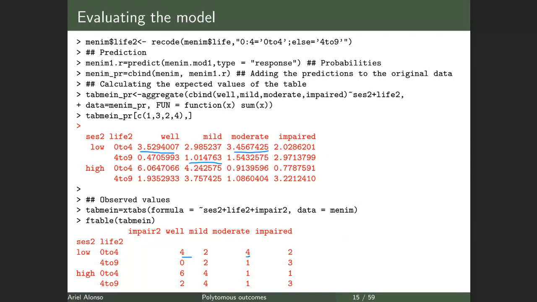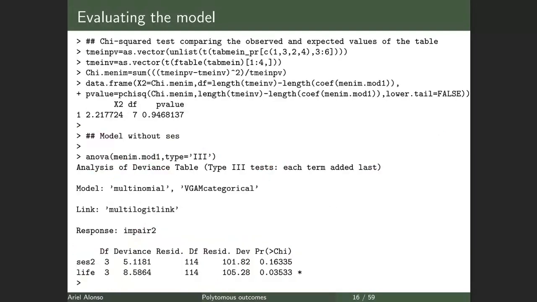You compare them using the Pearson chi-square test, which is the observed frequencies minus the expected frequencies, squared and divided by the expected frequencies, and you sum that for all the cells in the table. If you do that, you get a p-value which is non-significant. You get a very large p-value, about 0.95, so it's almost 1.